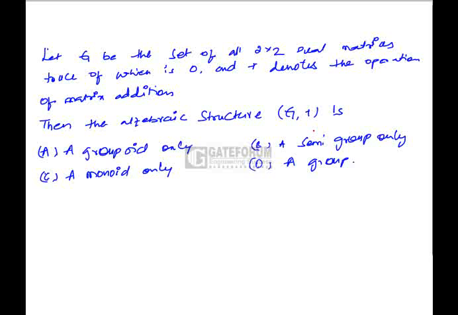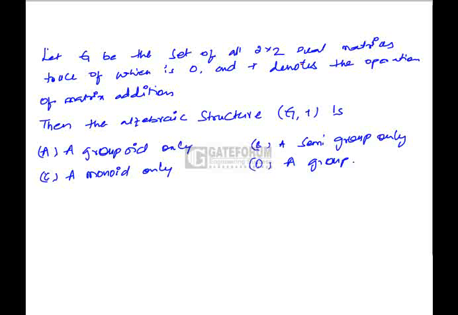Here the given operation is plus, which denotes matrix addition. So let us check if this operator satisfies the closure property or not. If we add any two 2 by 2 real matrices, we'll again get a 2 by 2 real matrix.